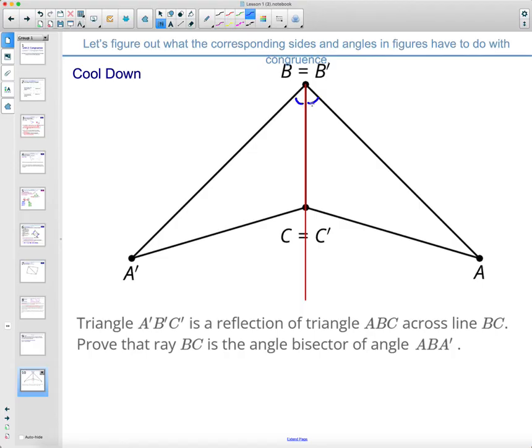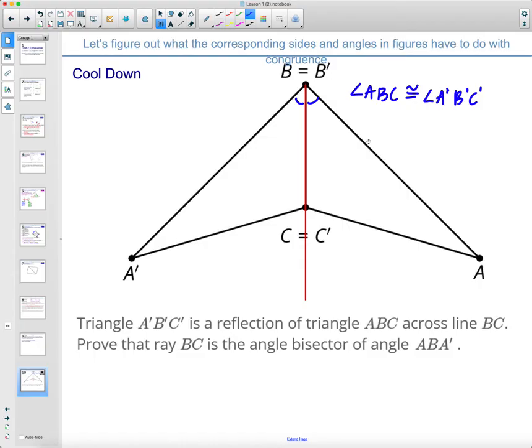So it means that these two angles are congruent is what you're trying to prove. So how can you prove that angle ABC is congruent to angle A prime B prime C prime, is what you're trying to put language to.